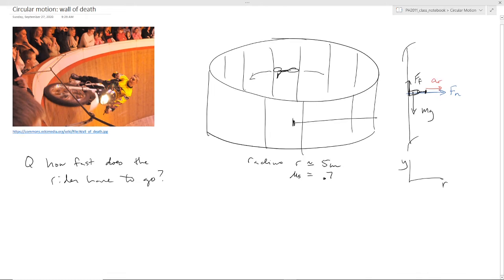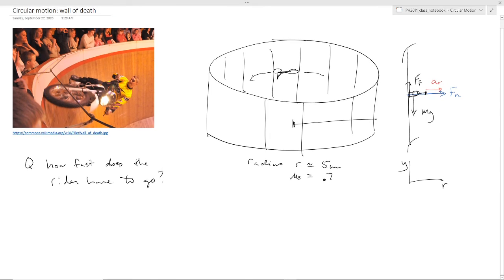So let's look at our sum of forces. If we sum the forces in y, we're going to have the force of friction, positive, pointing up. The rider's weight is pointing down. And this is going to equal, in general, the mass times the acceleration in y, but he's not going to be accelerating in y, so this will equal 0.